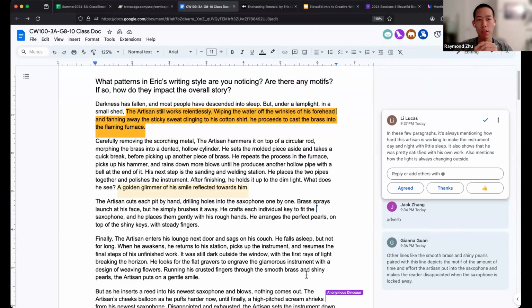So we are putting in a flow pattern or a motif that we noticed in the story and how it impacted the story. So pick one that you noticed and put in what you thought, or the way you thought it impacted the overall story.